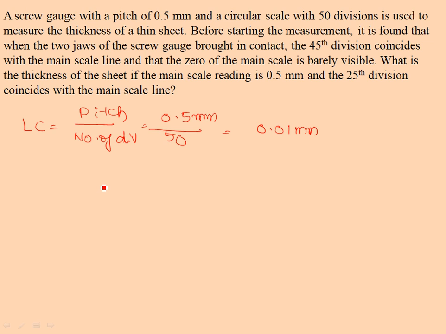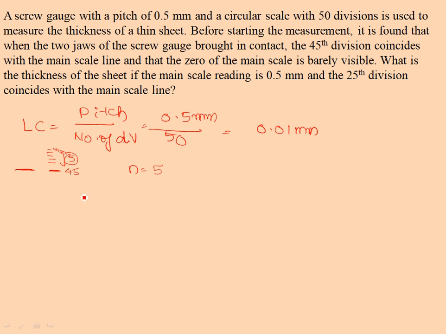Now it is found that when the two jaws of the screw gauge are brought in contact, the 45th division coincides with the main scale line. If this is our main scale line and the 45th division is coinciding, then above it there will be only 5 lines, because the total number of divisions is 50.